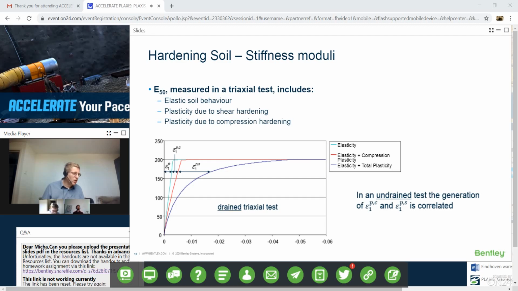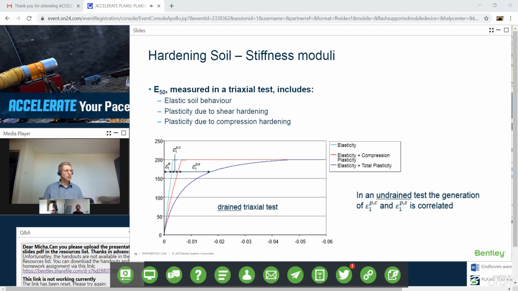So if you look at the blue line and where the arrows are given, I have a total strain level of close to 2% here. Out of the 2%, like 60% is shear plasticity, and then about 20% is elasticity, and 20% is compression plasticity.